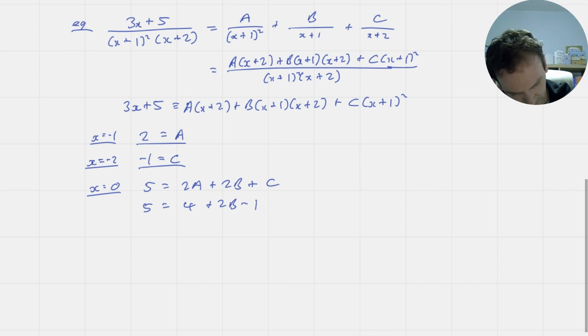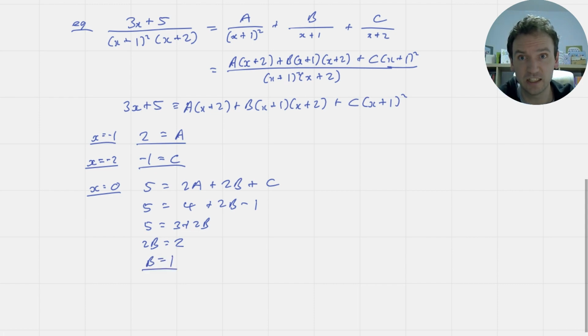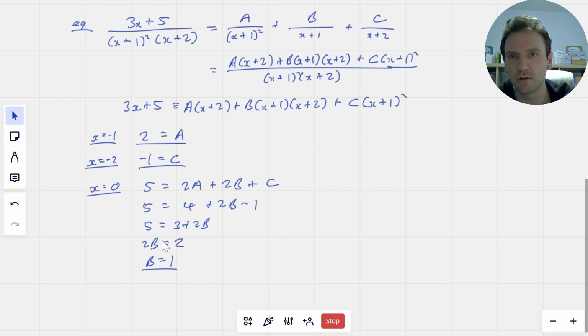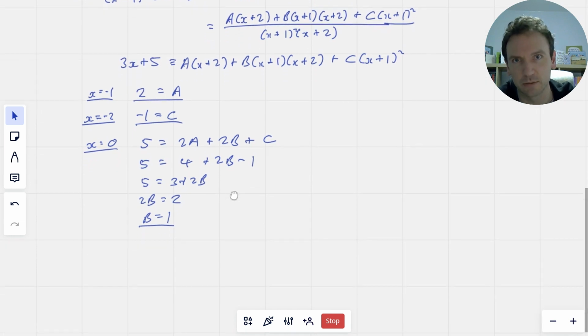And at this point, we've got 5 equals 3 plus 2b, so 2b is equal to 2, and b is equal to 1. So look to sub in the things you can that'll make your life easy, and then you can deal with the difficult bits at the end by substituting any value of x you want, but you might as well keep your life easy.